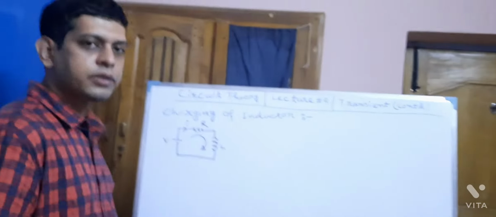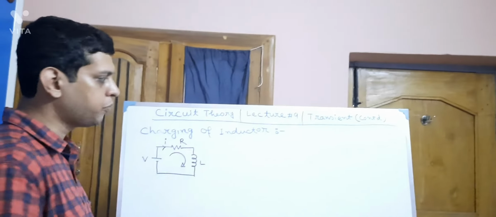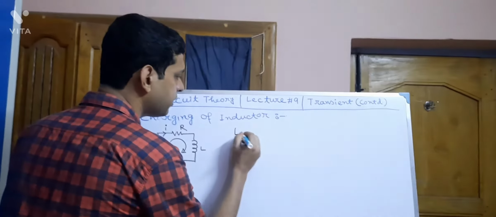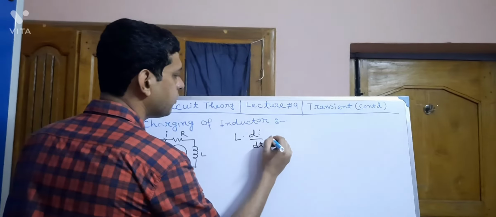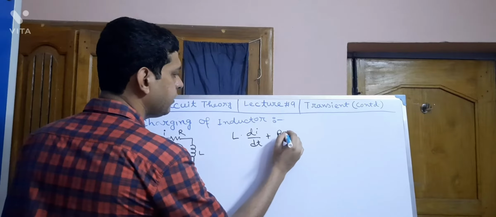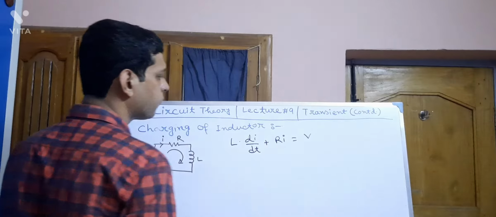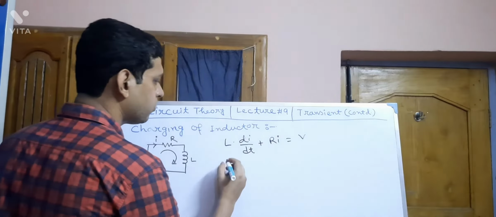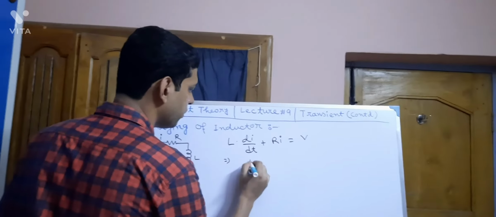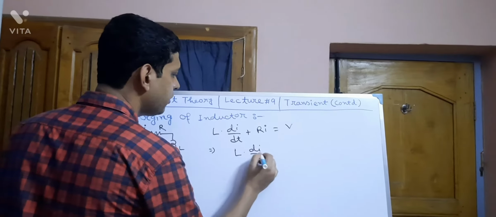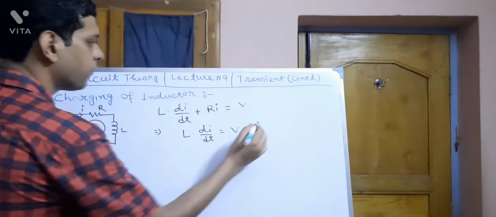Now let us take the third method of solving this differential equation. The differential equation was L di/dt plus Ri equal to V. So L di/dt equal to V minus Ri.